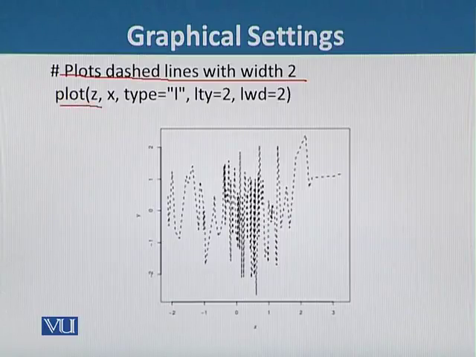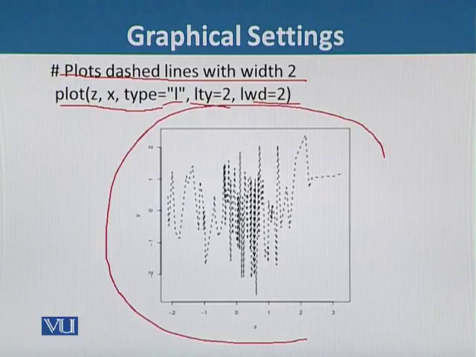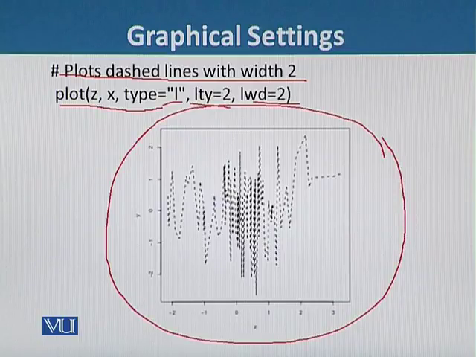If we give this type of command, a plot will be generated with dashed lines. We can see here the dashed lines, and the line type and width are 2, as we have mentioned.